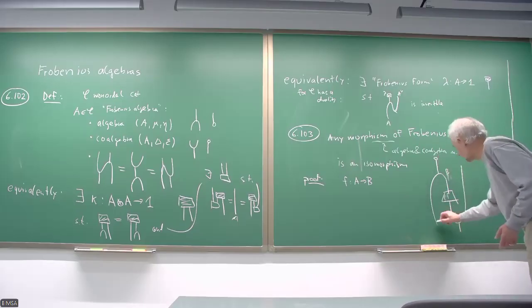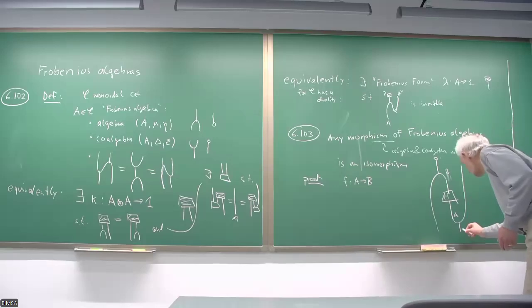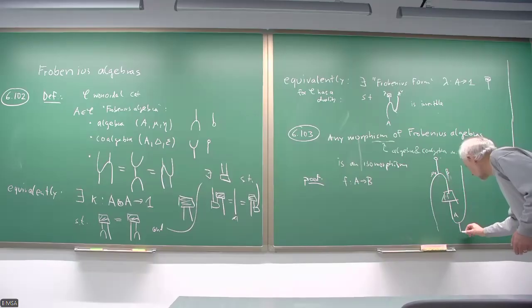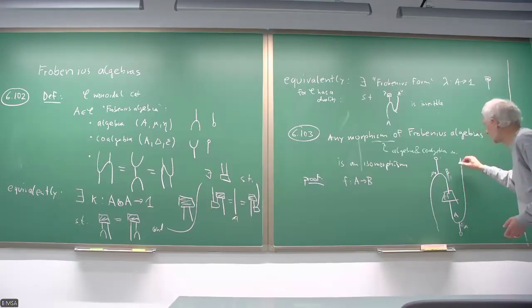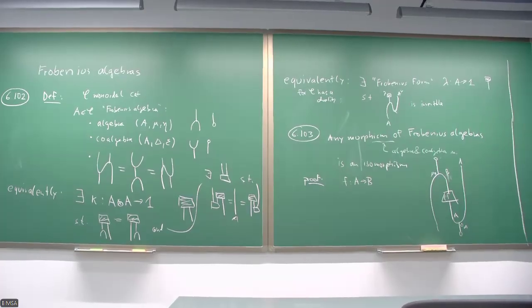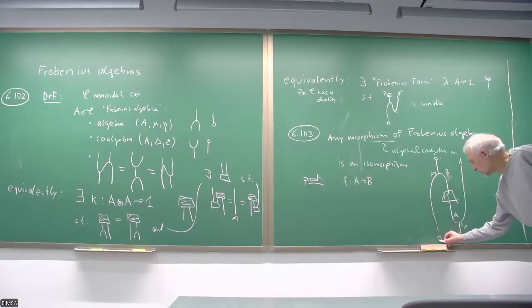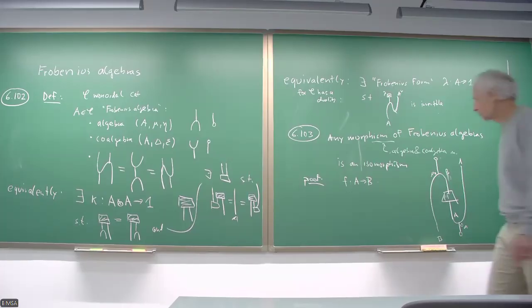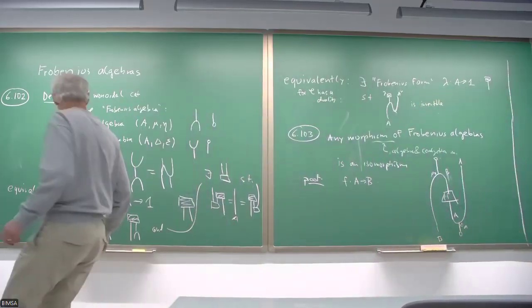Just compose F with the product and co-unit of B and the co-product and unit of A. Then you get a morphism from B to A. And you easily check, by using that F is a morphism of algebras, respectively of co-algebras, that it is a left and right inverse.